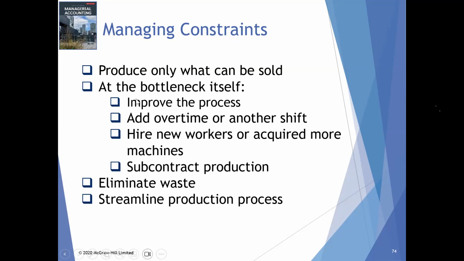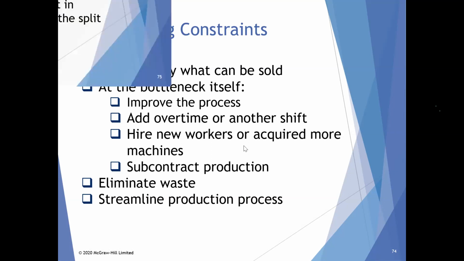At the bottleneck itself, improve the process and add overtime or another shift if possible, because the fixed cost will remain the same. Hire new workers or acquire more machines and subcontract the production. This is how you can manage the constraints, eliminate the wastages and streamline, without any obstacle or further hurdles. Process and production should be smooth.